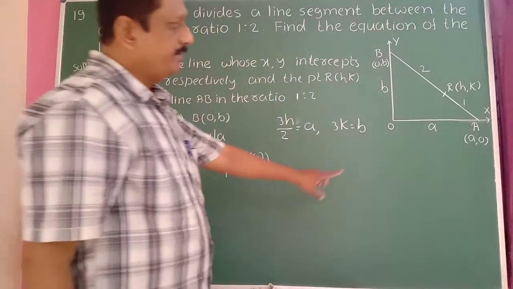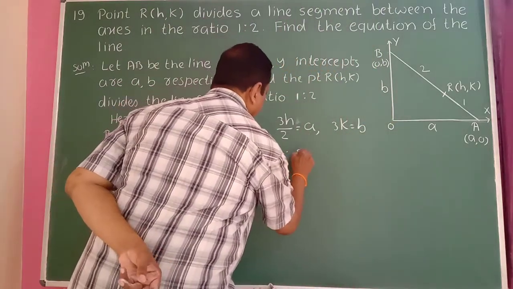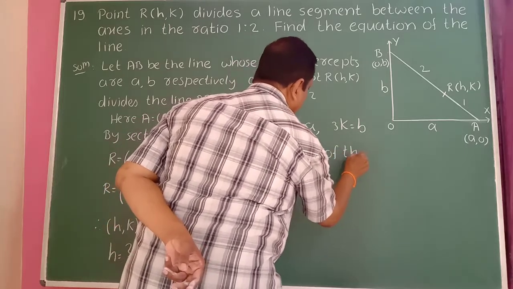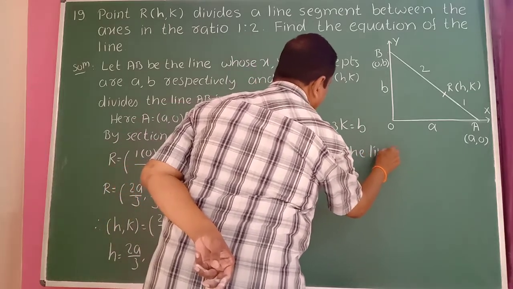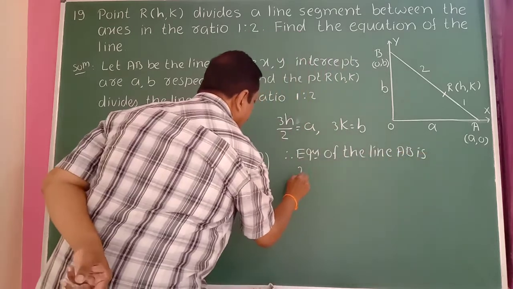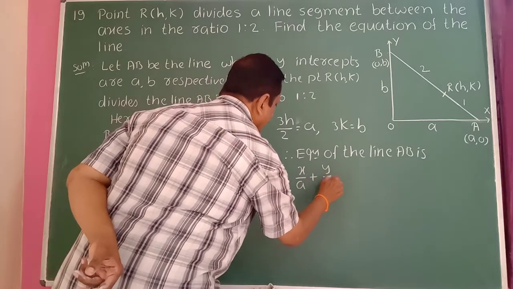Here a and b are the intercepts. Therefore the equation of the line AB is x upon a plus y upon b is equal to 1.